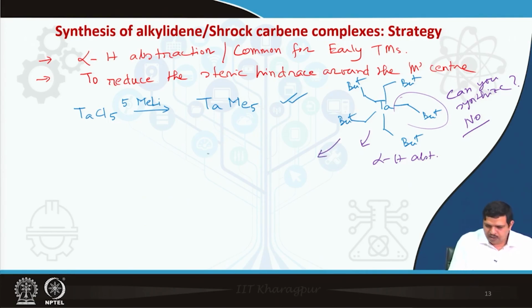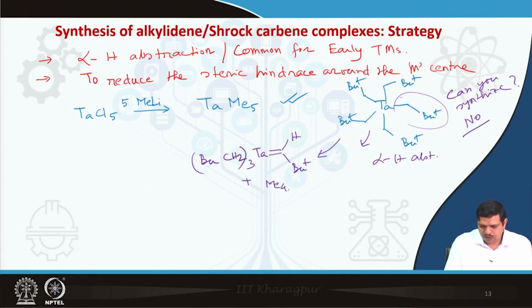So you will get the butyl CH2 3 tantalum, and here H butyl, and you will get the Me4C.